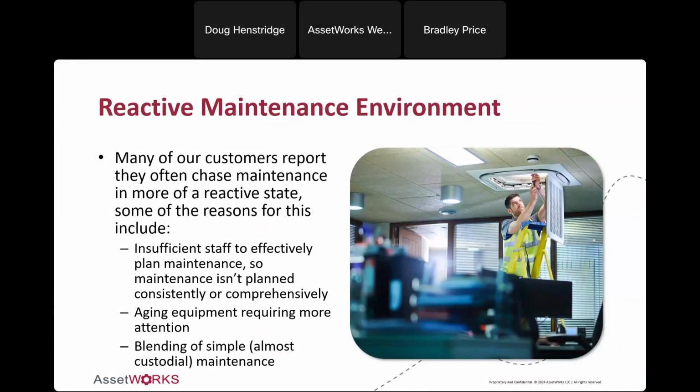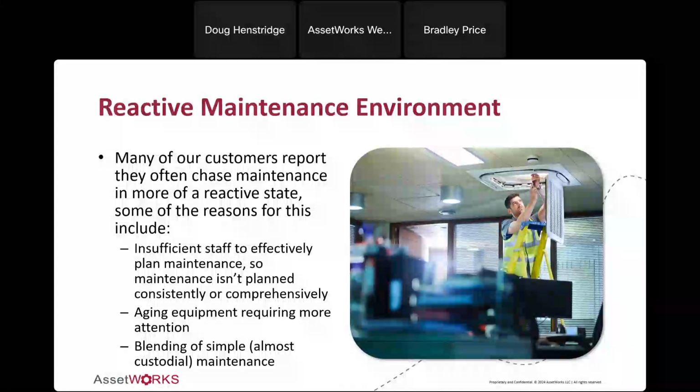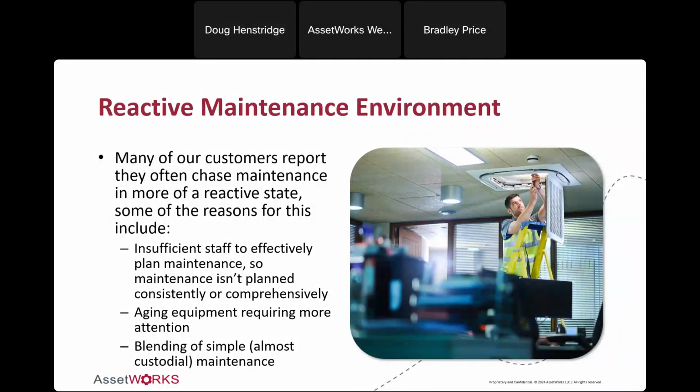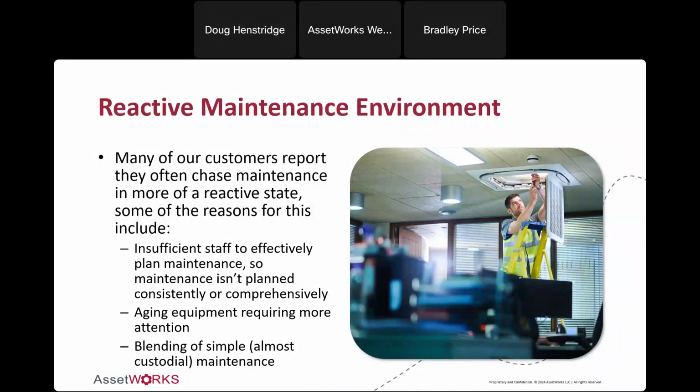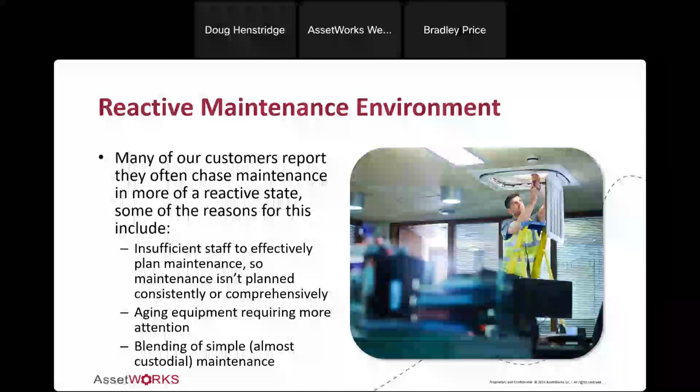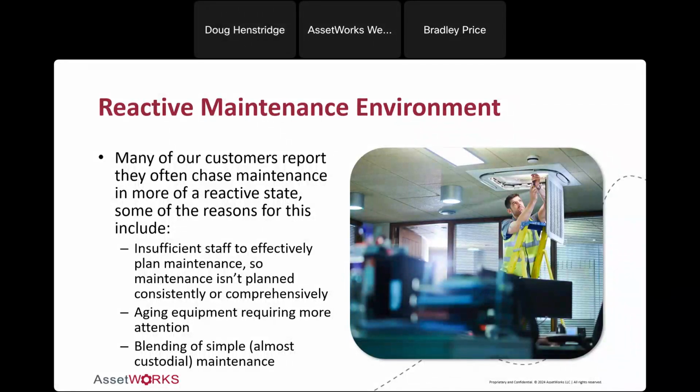We have some customers that blend their, for example, maintenance staff and custodial staff. So you may have some of the same people that would normally be doing inspection work also dealing with what might be termed custodial work in a building, like dealing with leaky faucets and clogged toilets, which consumes time that may be required for doing, say, heating and cooling pump inspections or things of that nature.